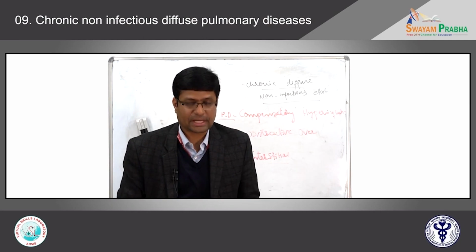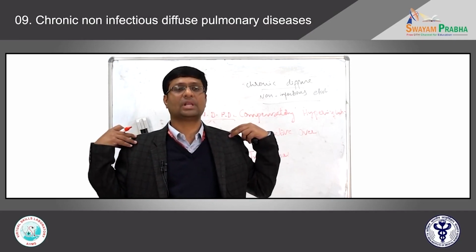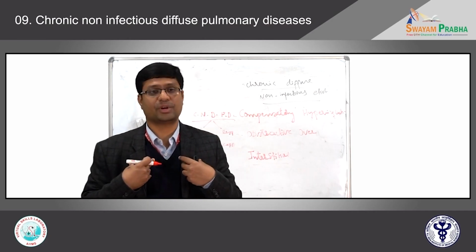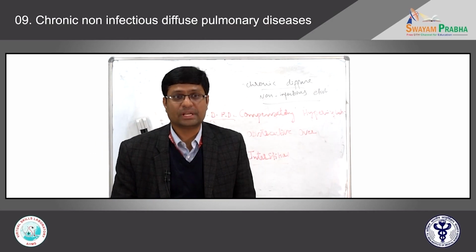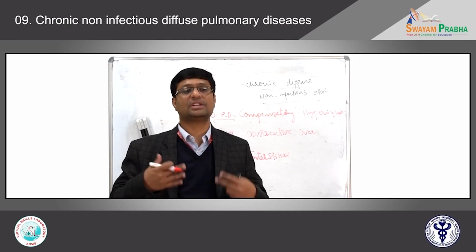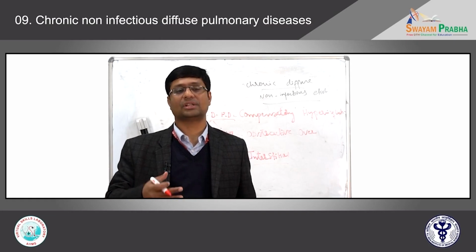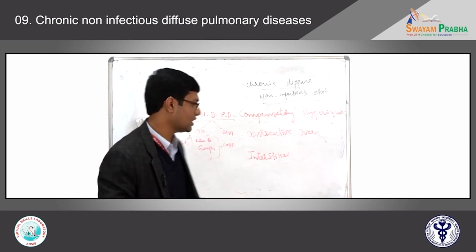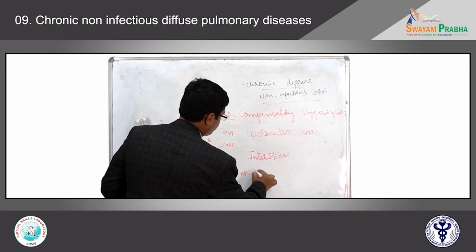These patients will sit like this. They will stabilize their elbows so that accessory muscles are involved in proper respiration. Because of the increased respiratory rate, their blood circulation will also increase. So when the blood circulation increases, they will appear pink. Emphysema patients are called pink puffers.